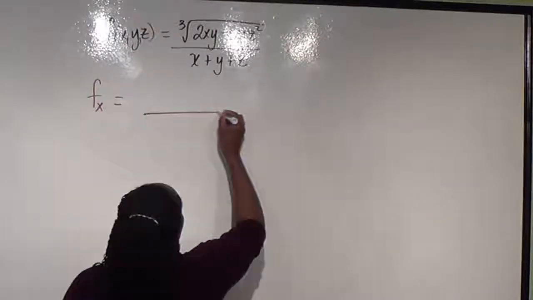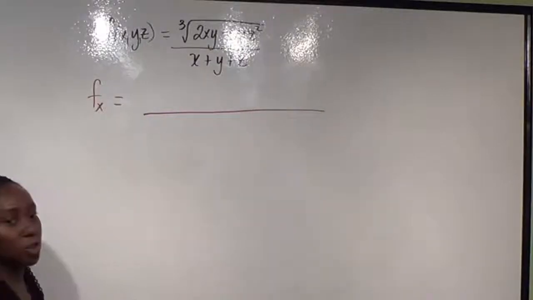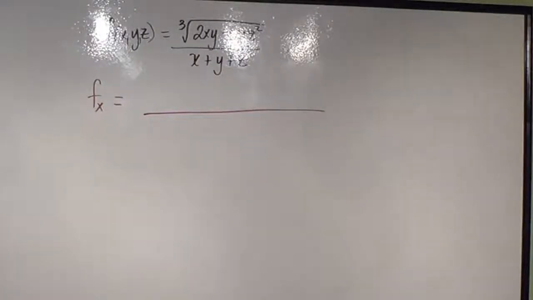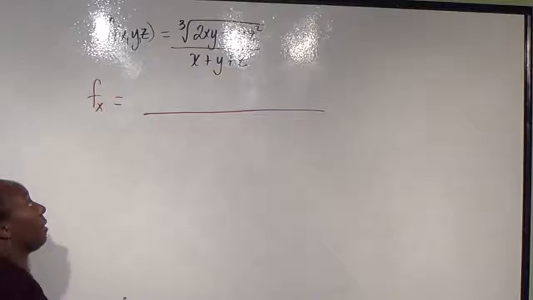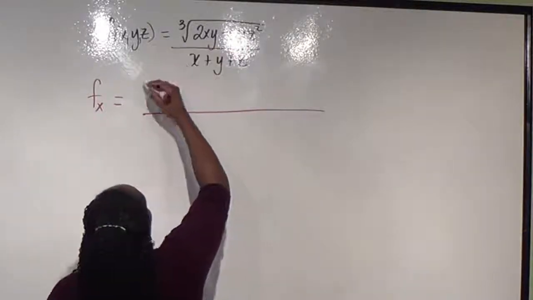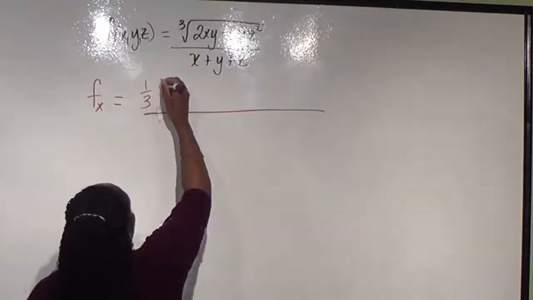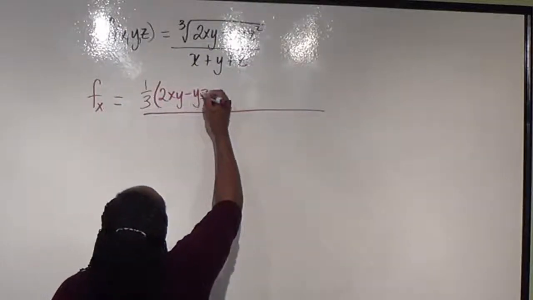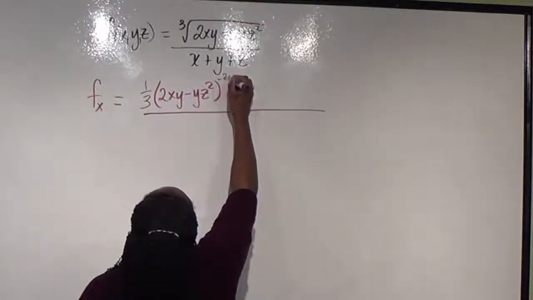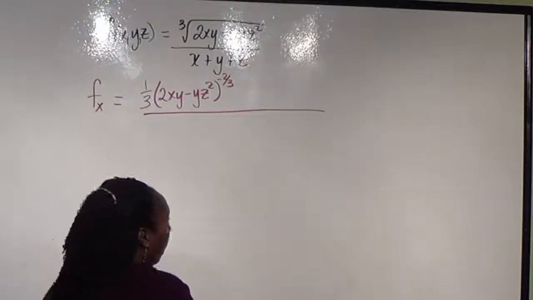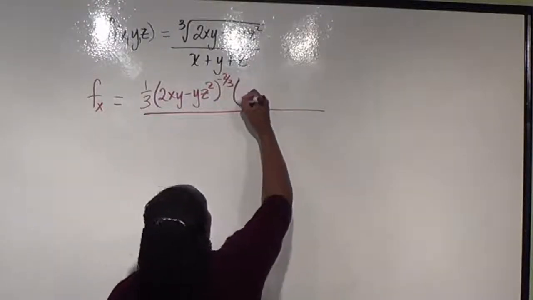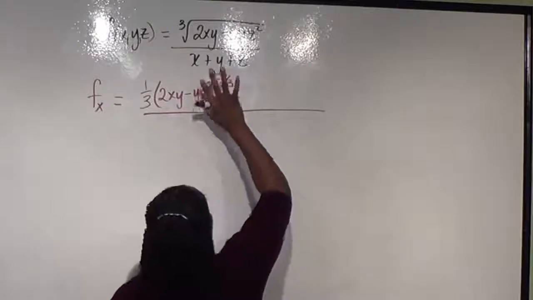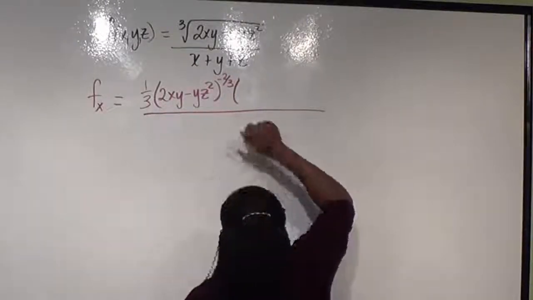Well, in this case, my derivative of the top requires a chain rule because I have that cube root outside of everything. So my cube root looks like a 1/3 times the inside to the negative 2/3, okay, times the derivative of the inside, which in this case the x is the only thing that's treated like a variable.